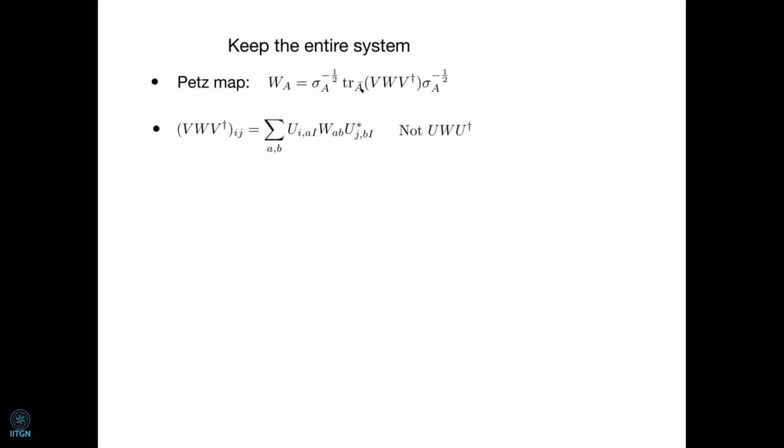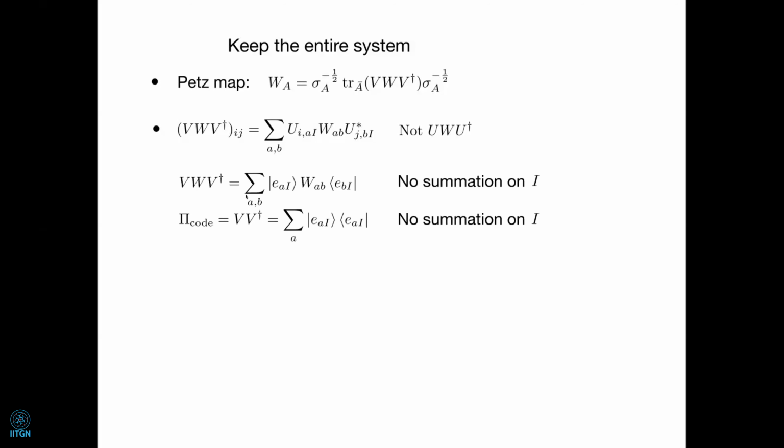We don't have this trace over A bar because A bar in this case is the empty set. Then we have something like this. This looks like U W dagger, as what we want, but if you look at it more carefully, this is not a precursor. This is not U W dagger. The reason is we can write it like this: E of A, I, where I remind you that E of A, I is the image of a spin state A, a particular state in the boundary CFT Hilbert space, and E of B, I, this is a ket and bra.